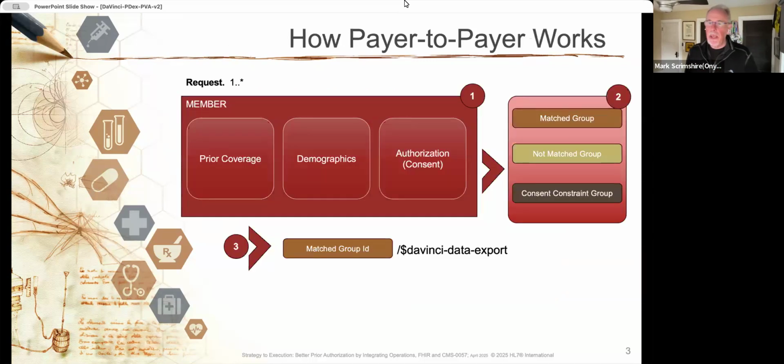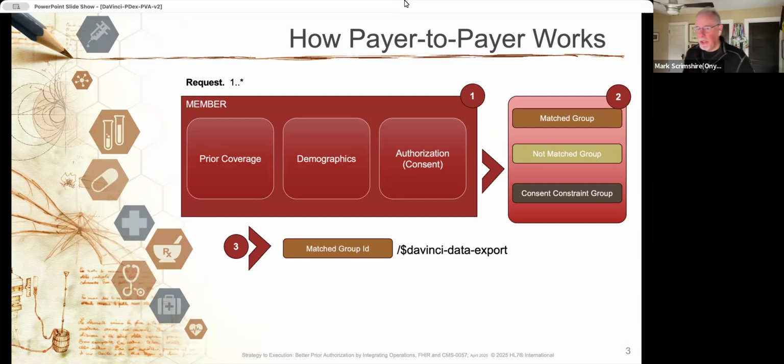The way payer-to-payer works is that a new payer, I'll talk in terms of new and old payer, will have the member opt in, so they will provide the prior coverage information, the demographics, i.e. the patient record, and an authorization using the consent resource.